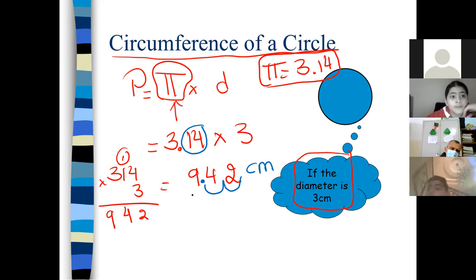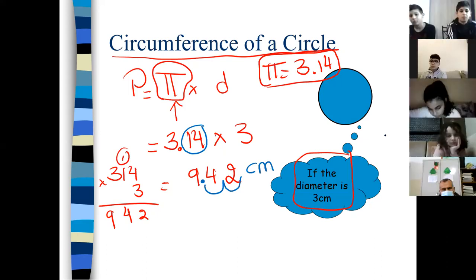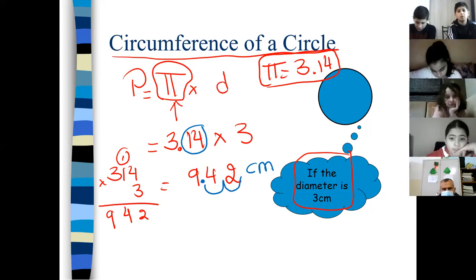Okay, how do we find the parameter of a circle? Who will tell me the rule? Ayman. Teacher, we will multiply pi by the diameter of the circle.